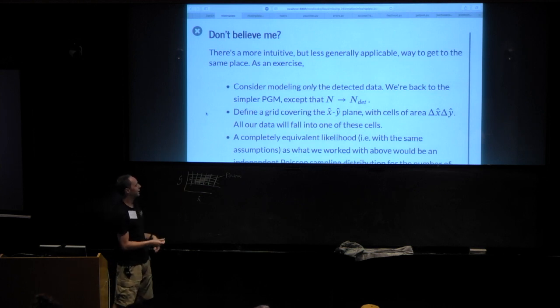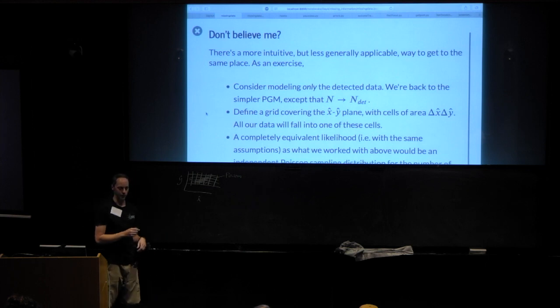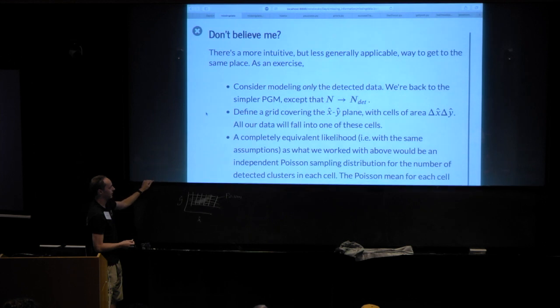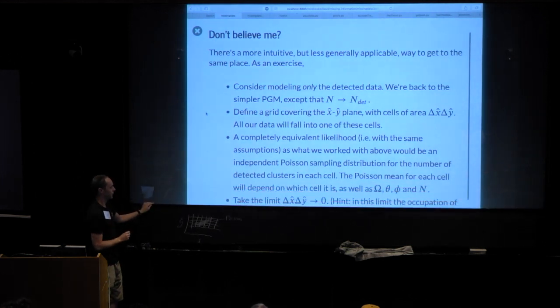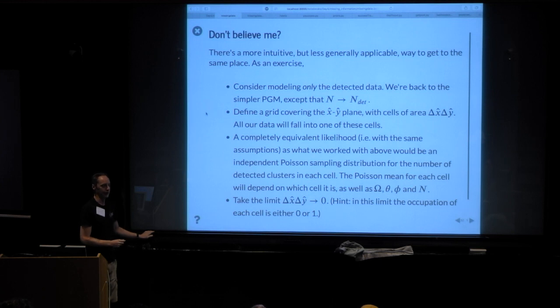Okay, so do that. And now take the limit where these things become infinitesimally small. So in that limit, we have either 0 or 1 actual detections in each cluster. That produces a simplification. If you work that through, I promise, you will get to the same simplified expression for the likelihood, except for a factor of n det factorial, which is a constant, and so we don't care.